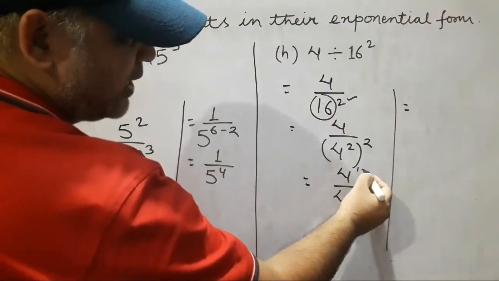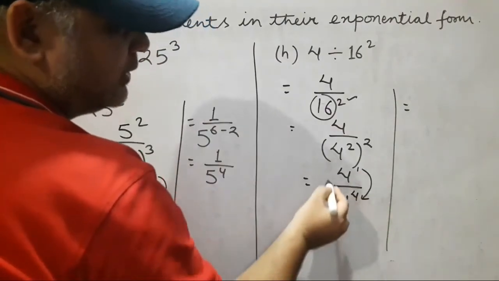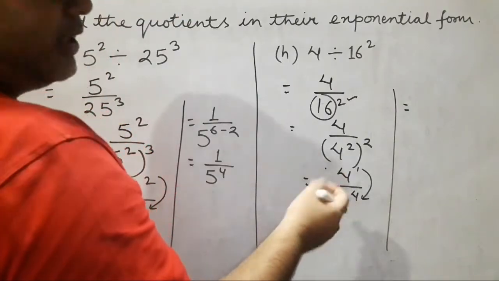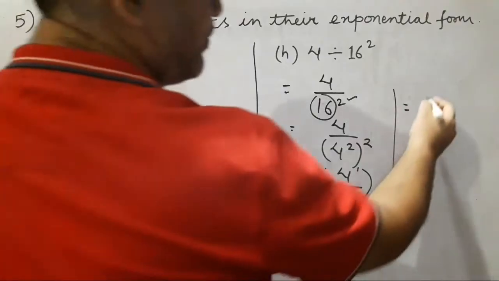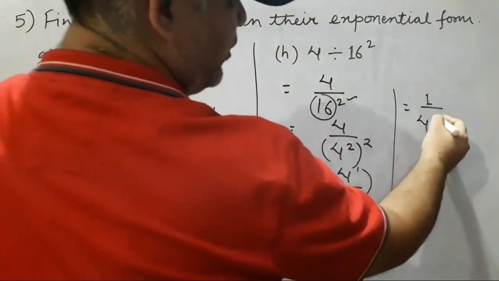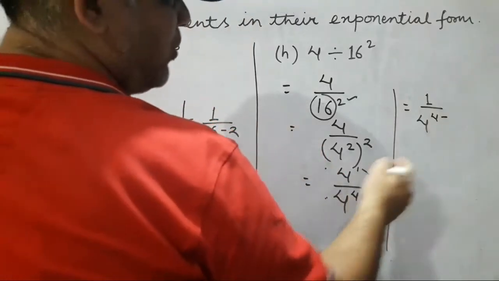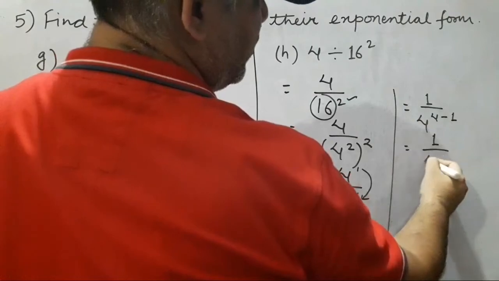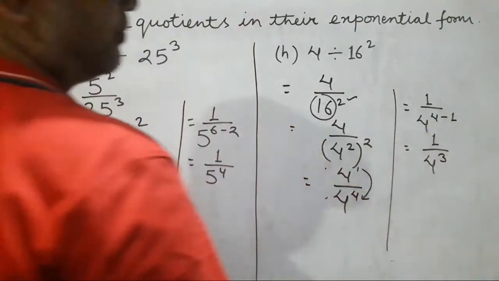Now this power 1 shall be subtracted from this power 4 since they are same bases. When same bases are divided, then the powers are subtracted, as we know that. So 1 by 4 power 4 minus power 1 equal to 1 by 4 power 3.